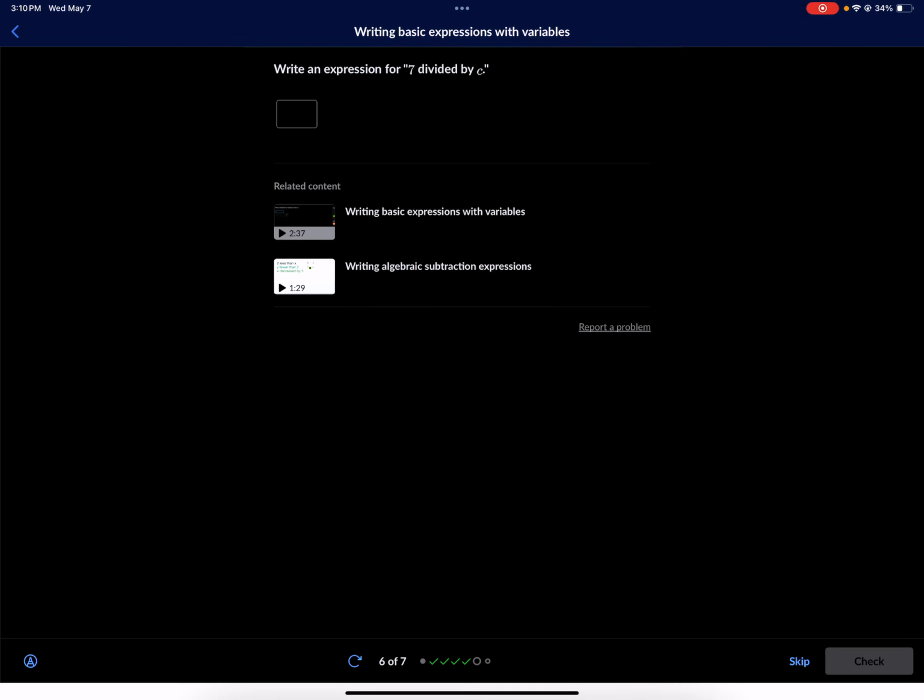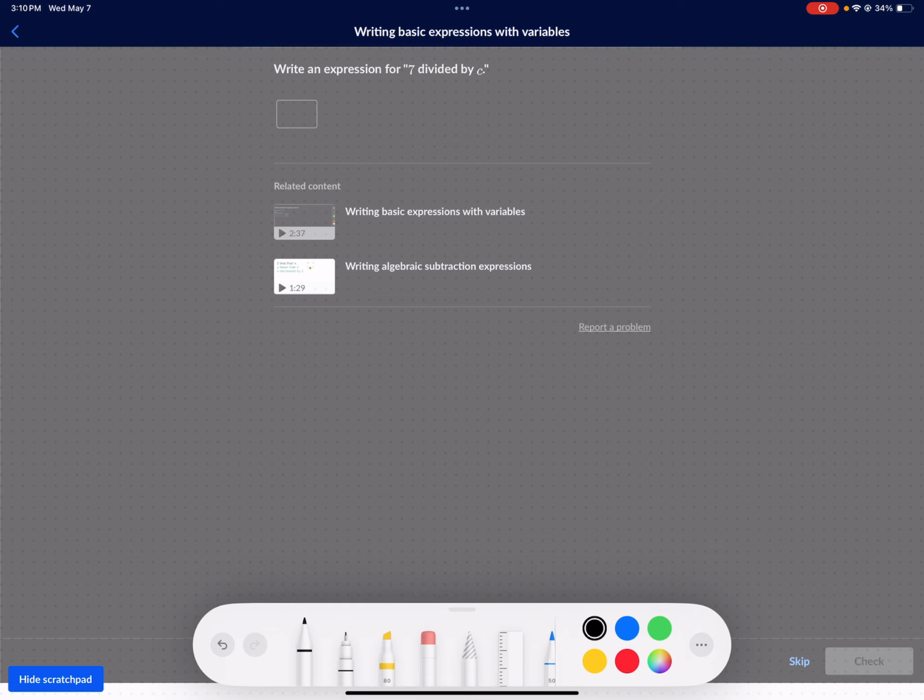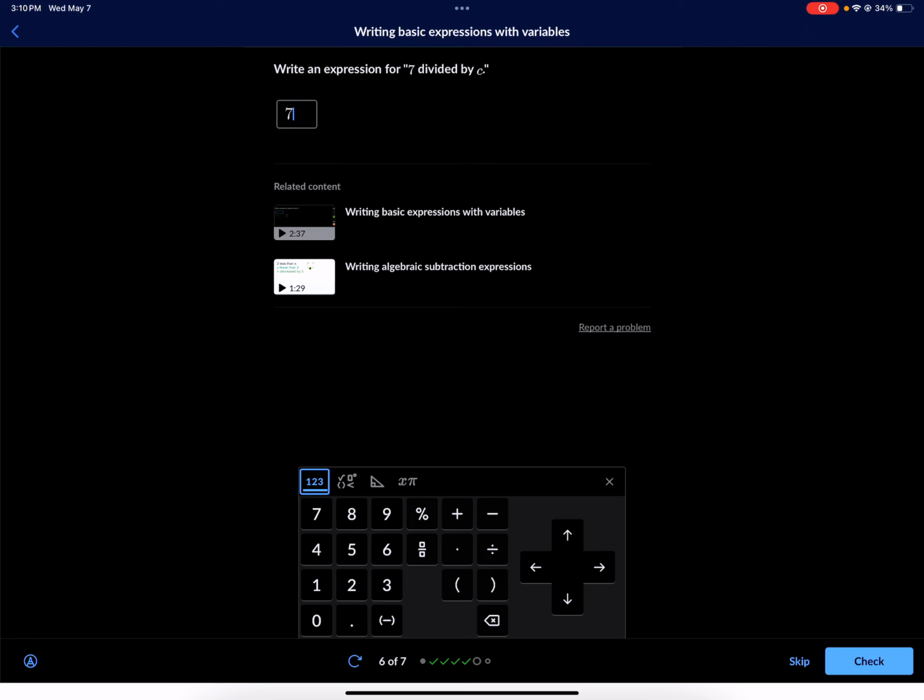Write an expression for 7 divided by c. So now I'll let you guys take a crack at this one. What do you think this is? 7 over c, because it's 7 divided by c. What's another way we can put it instead of just 7 divided by c?